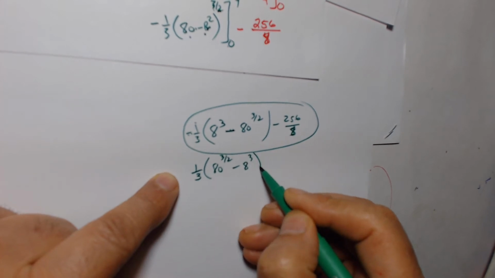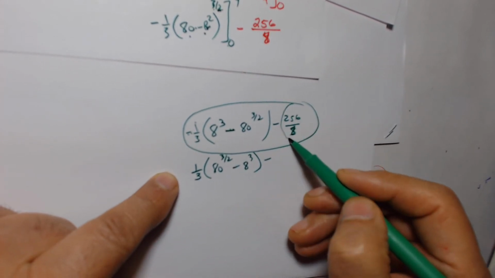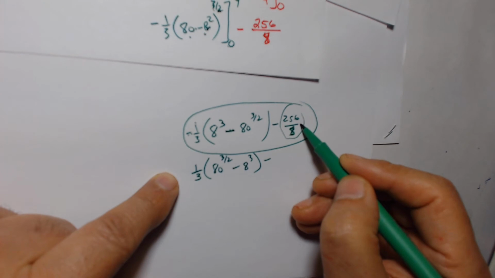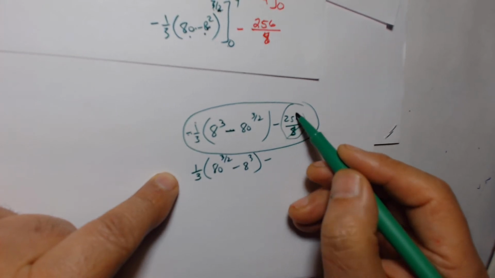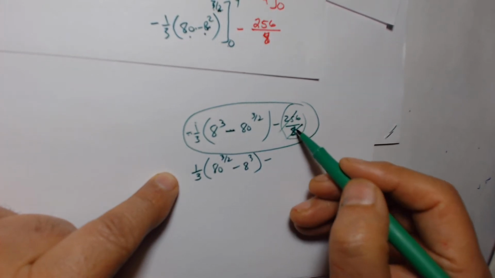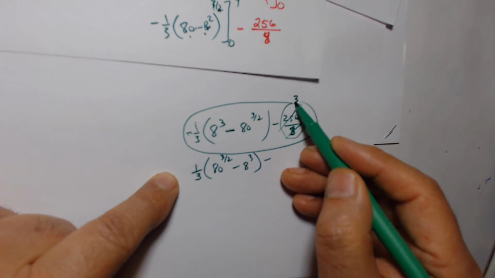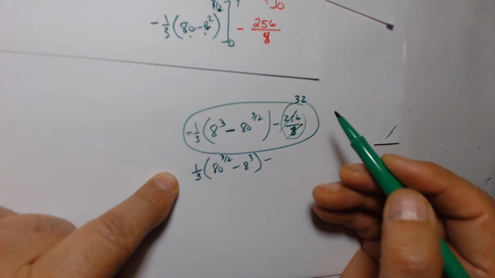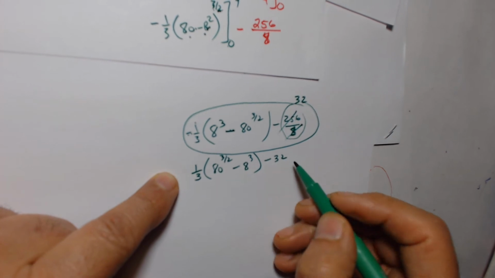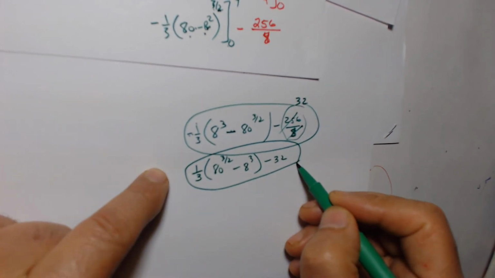Minus 8 cubed, and really 256/8, I can reduce it by 8: 3 times 8 is 24, 16 times 8 is 128, that becomes a negative 32. That answer is going to be a positive number.